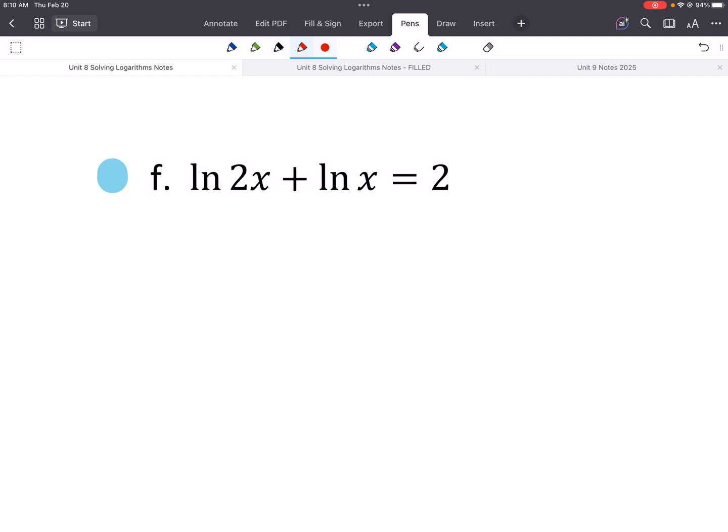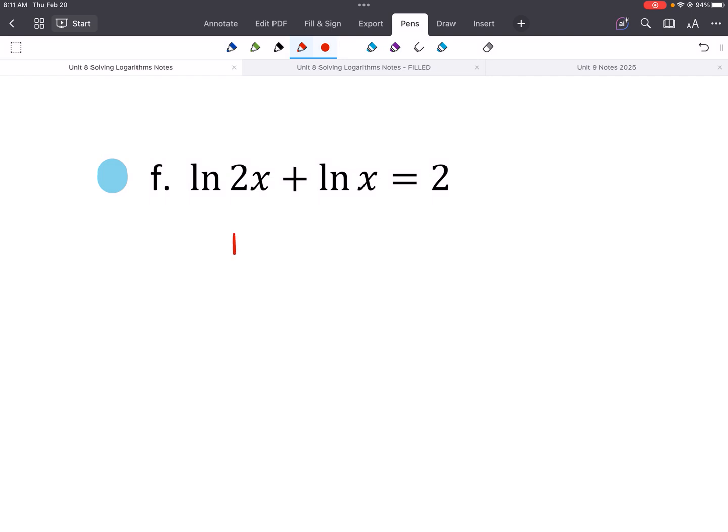All right, so here's the other type of rules that we've covered. If we add, then we multiply. So here we're adding logs, okay, and I should be careful. It's like if you had log of 2 plus 4, we're not actually going to multiply. It's only when we're adding logs, right?